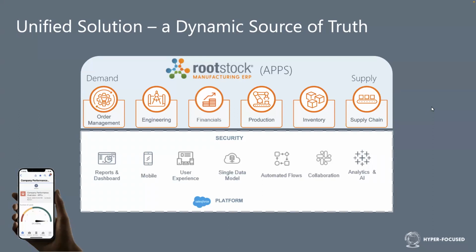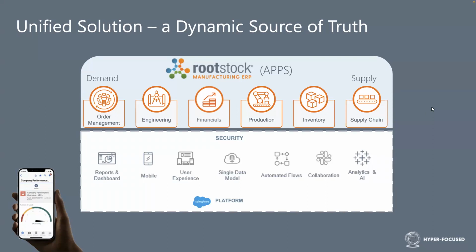And then along with it, you've got your dashboards. You can go anywhere. The screens are going to be displayed on the desktop or on that mobile device. The defined user experience, a single data model. You've got the flow automation, and you can collaborate just with your phone. If you're texting back and forth, with the platform you're able to collaborate between users. Okay, so inventory with quality control, and then you've got your analytics.